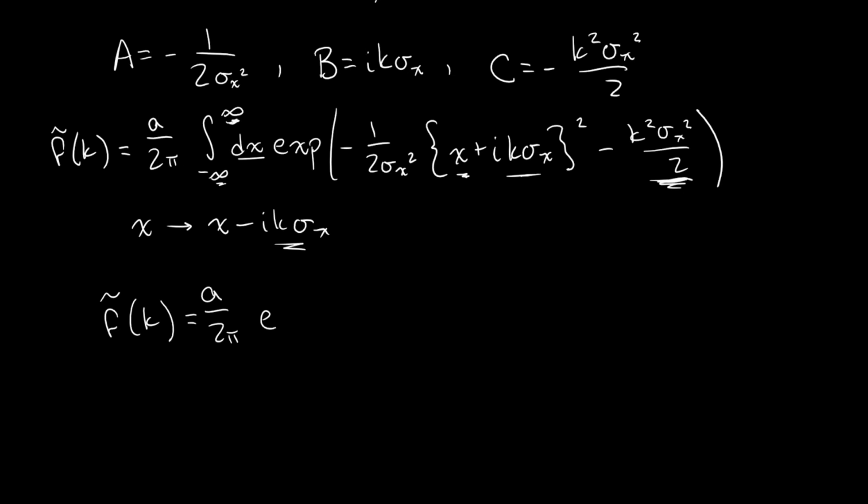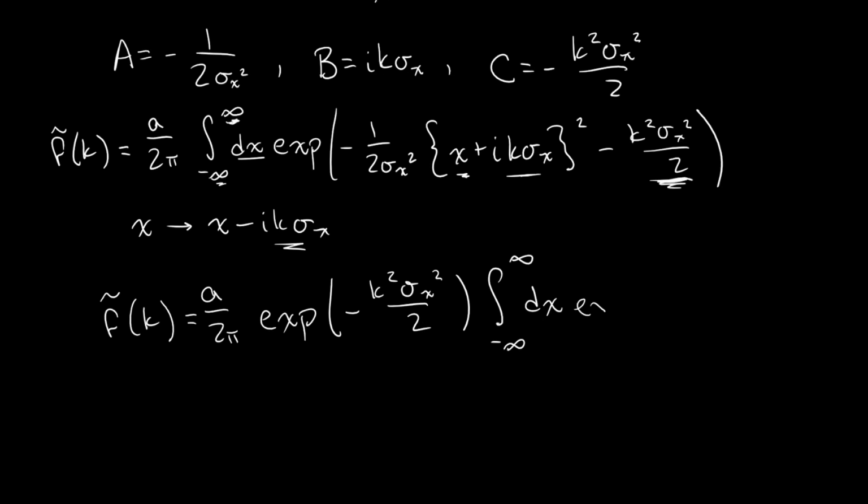So I get something like a squared sigma x squared over 2, integral minus infinity to infinity dx, minus x squared over 2 sigma x squared.